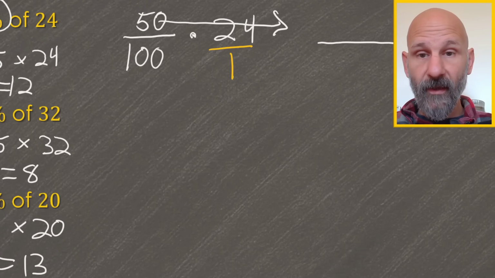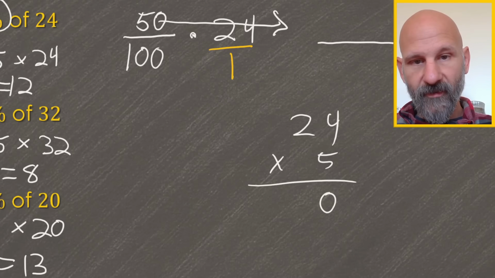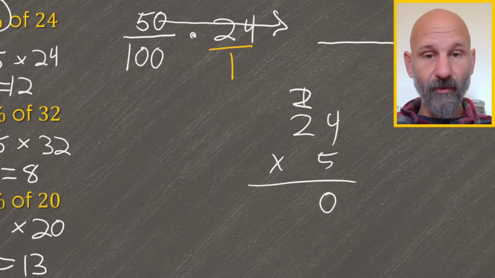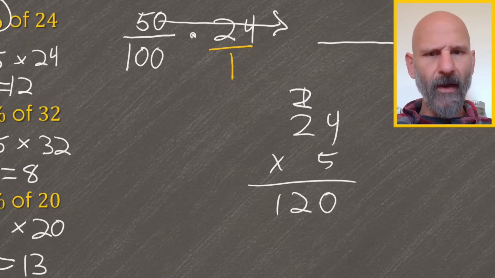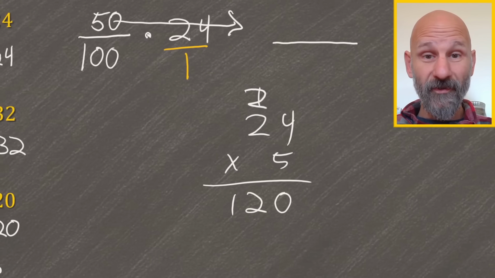And then, so that's, let's see here, 24 times 5. 4 times 5, 0. Carry the 2. And then 5 times 2 is 10. So, oh, wow, that's really similar to what I already did when we were doing the decimal way of doing these, okay?